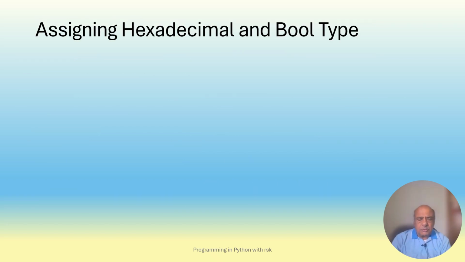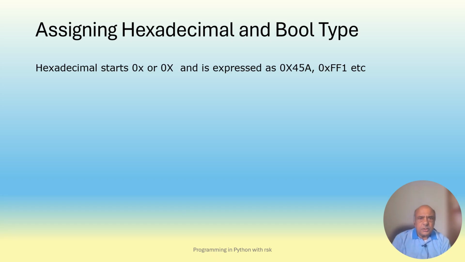We can also assign hexadecimal numbers and bool type also to variables. A hexadecimal number starts with 0x or 0X.